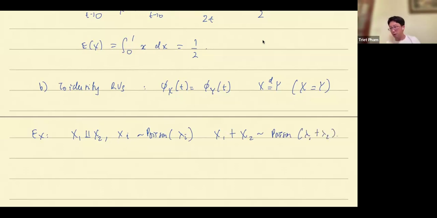So we proved this last time, we'll prove it again. But before we prove this, let's just appreciate this result real quick by asking a similar question. Suppose you have two independent uniforms. Is the sum a uniform random variable?